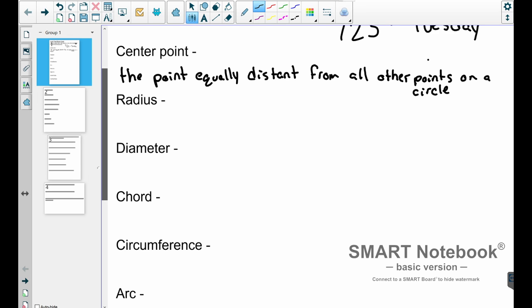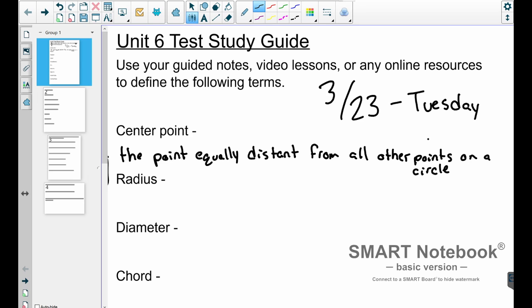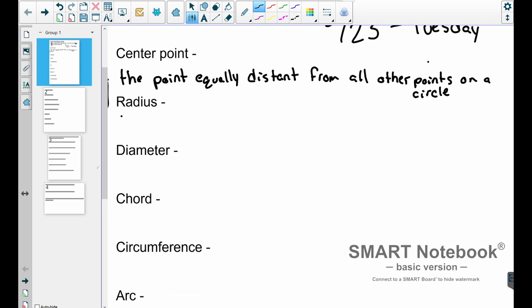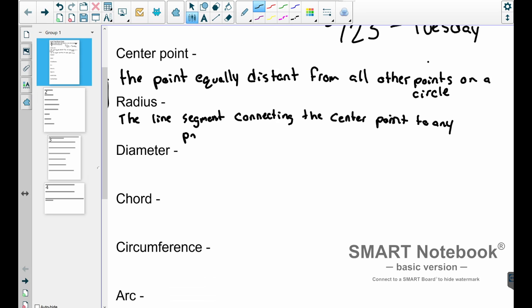So what about radius? The radius is the line segment connecting the center point to any point on a circle.